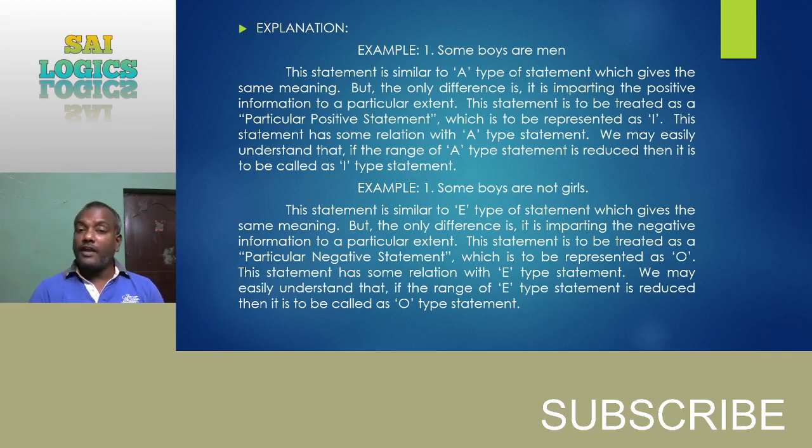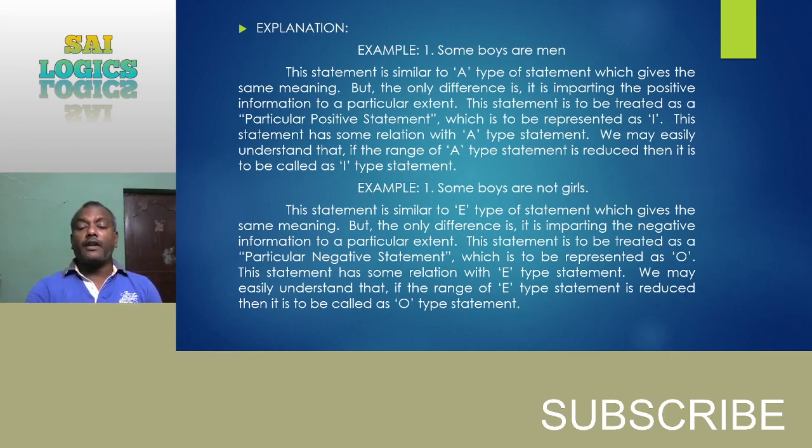Now some is also a positive statement, but it is talking about a particular area. So a some statement is to be called a particular positive statement, and it is represented by I. A, E, I is over. Next, another example. Some boys are not girls. It is some not.